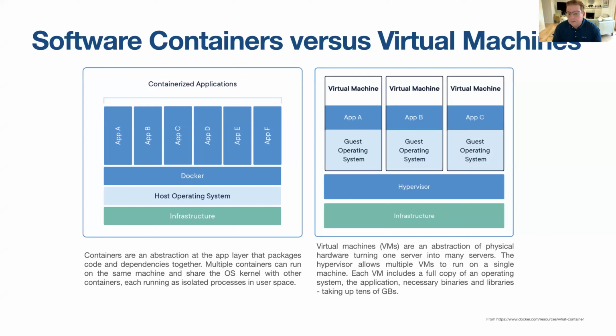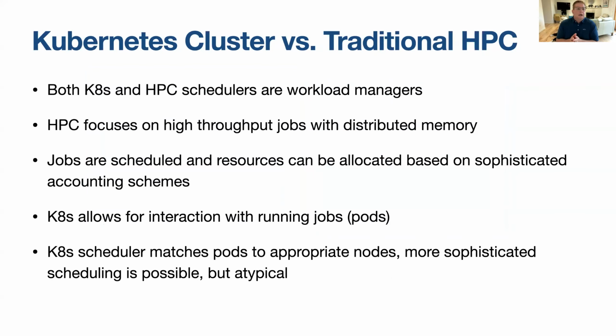Kubernetes is actually open source. It was originally a project from Google. It is now pretty much free for everyone to use. So unlike a virtual machine, that's a rather heavyweight piece of code, a container of software is rather lightweight.